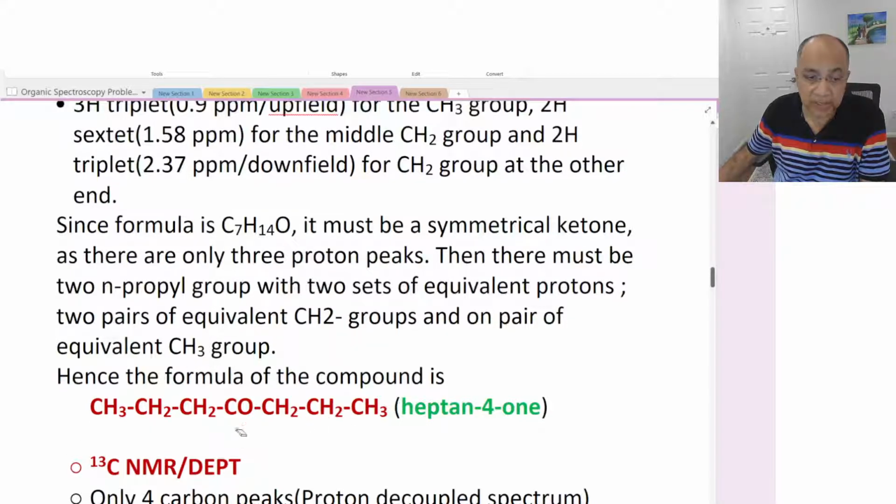So they will give you 3 proton peaks and 3 carbon peaks for this, and 1 quaternary carbon peak for this carbonyl carbon.